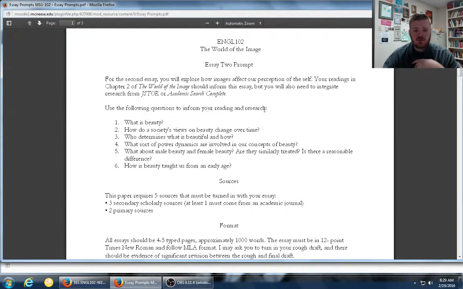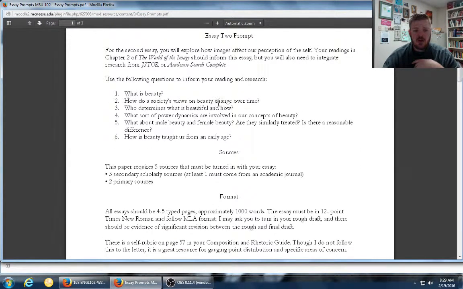Use the following questions to inform your reading and research. What is beauty? How does a society, that should be does, sorry about the typo, see, even I make typos. How do a society's views on beauty, actually that is correct because views is plural. So does and do, sometimes those concepts confuse even me.